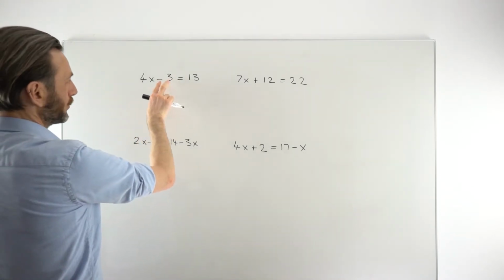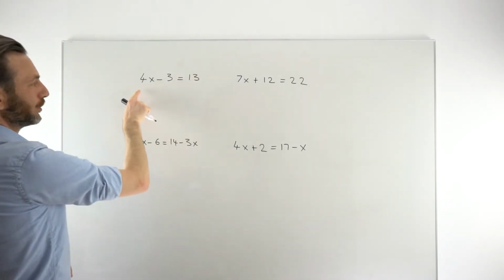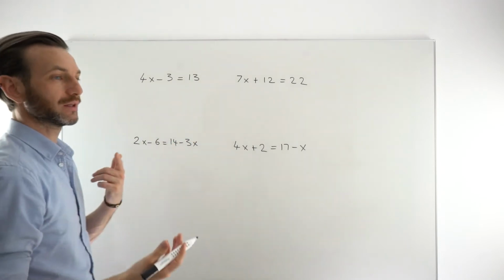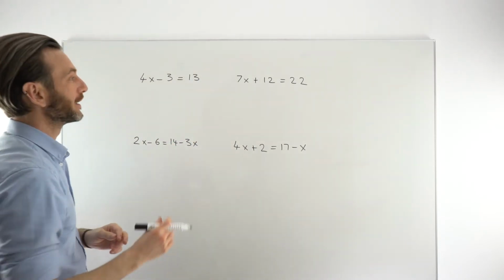So we're going to try and eventually move this -3 to the other side, move the 4 to the other side, and we just need to learn a few rules, if you don't know them already, about how we do that.